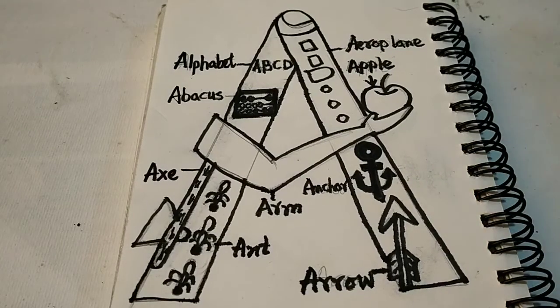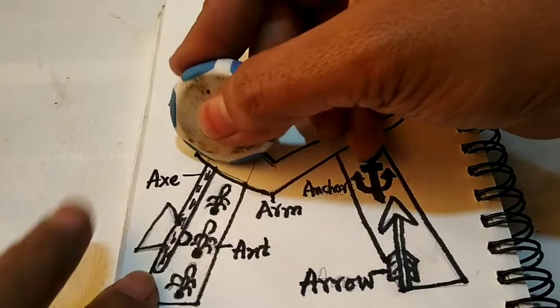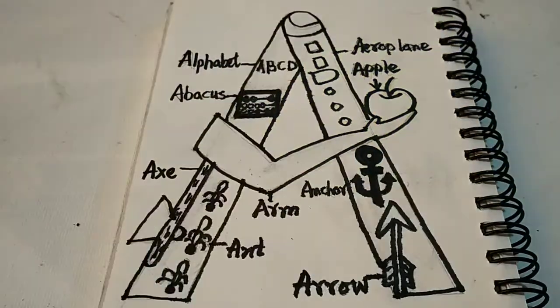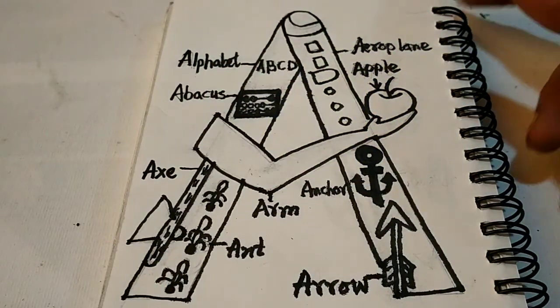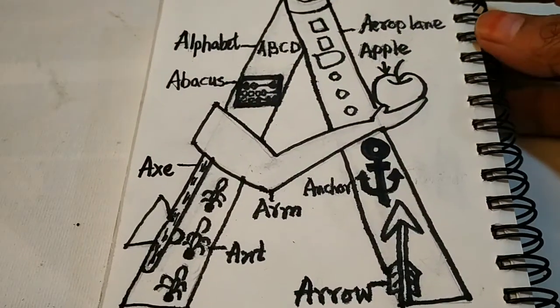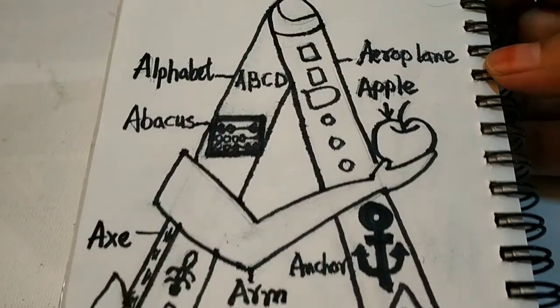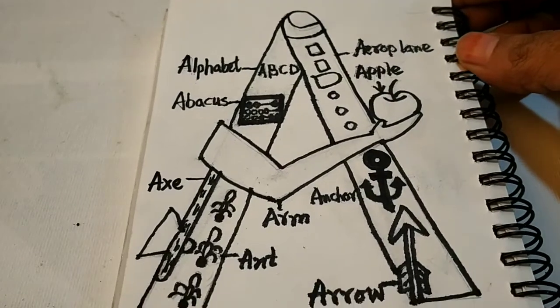Black sketch pen done. Now extra pencil work, erase it. See, sketch pen work done. You can see. Okay.